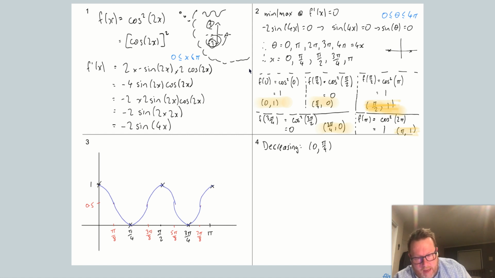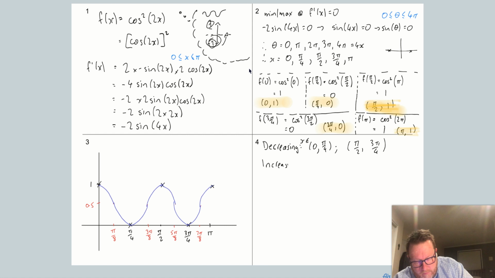Might make more sense if I put the x as an element of before it: x is a member of 0 to pi on 4, it's decreasing. Where else is it decreasing? It decreases there, and then it decreases there. That's pi on 2 to 3 pi on 4. So let's put that down as well: pi on 2 to 3 pi on 4. So that's the decreasing parts of it.